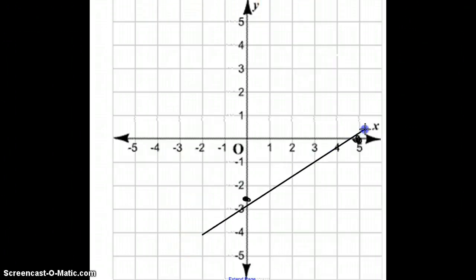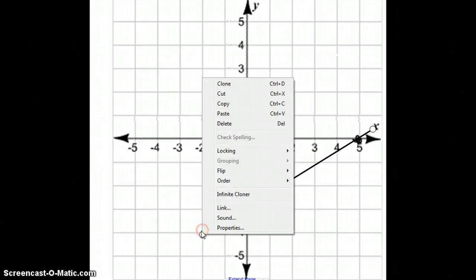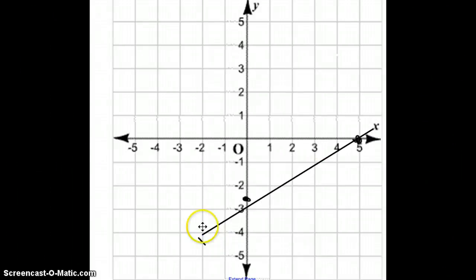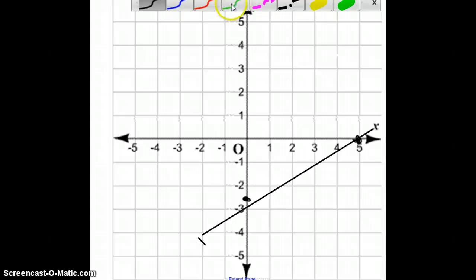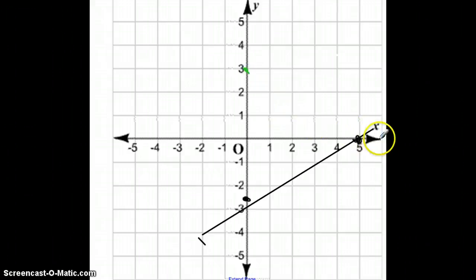There we go, that's what we want. Close enough. Sorry, guys. Alright, get the idea there. Let's take a look at our next points. When x is 0, y is 3. And when x is 6, y is 0. So we're out here.